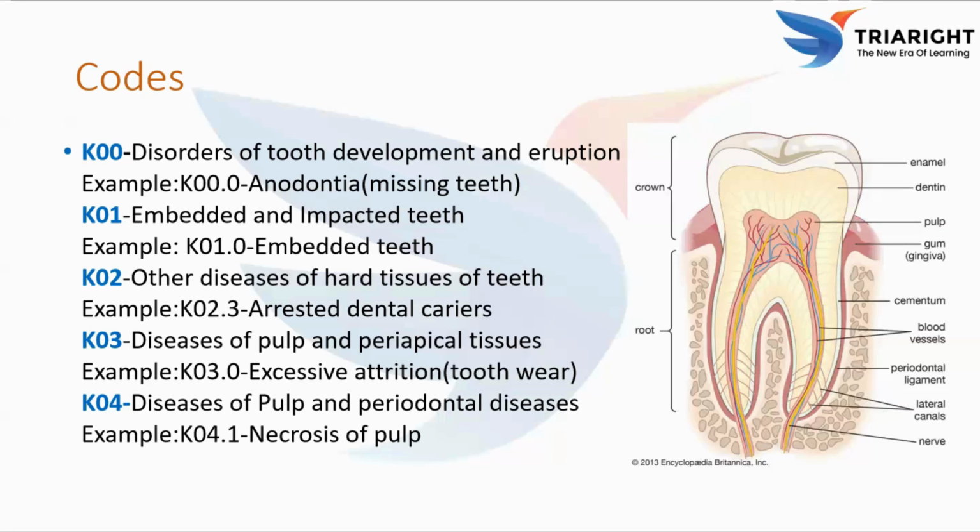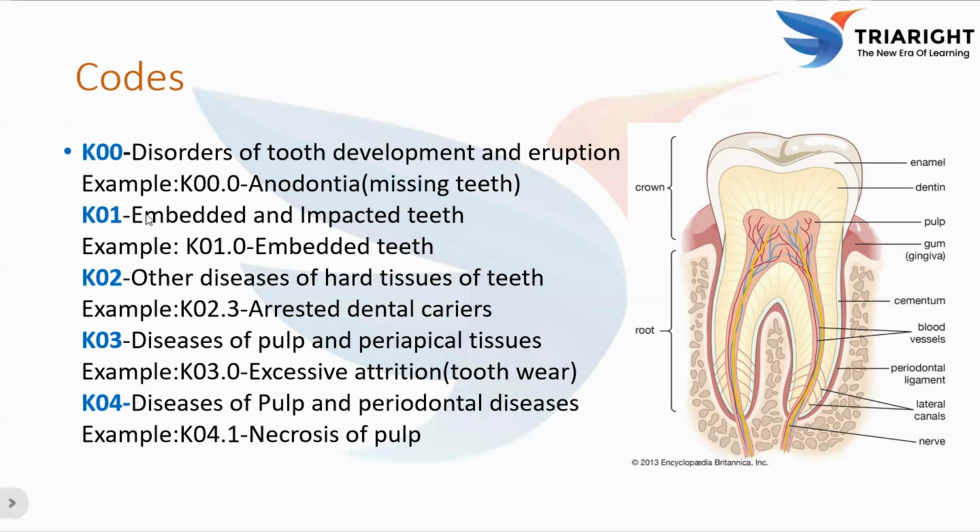An embedded tooth is a tooth that fails to erupt because there is no natural force or path for it to come out. Whereas an impacted tooth tries to erupt but cannot. Right? Embedded, it fails to erupt, whereas impacted, it tries to erupt but it cannot.